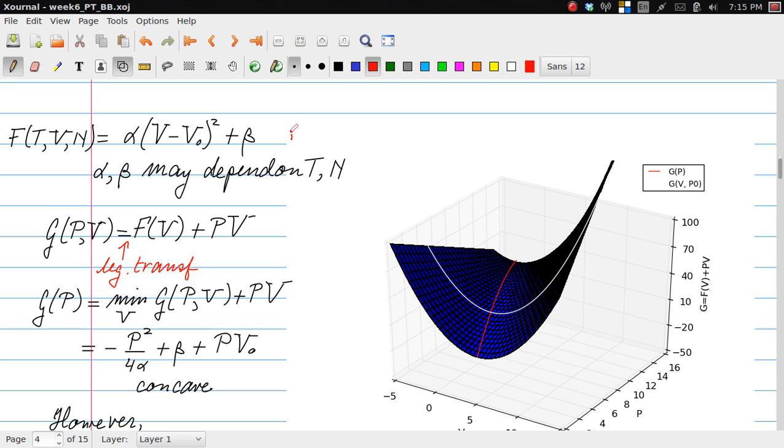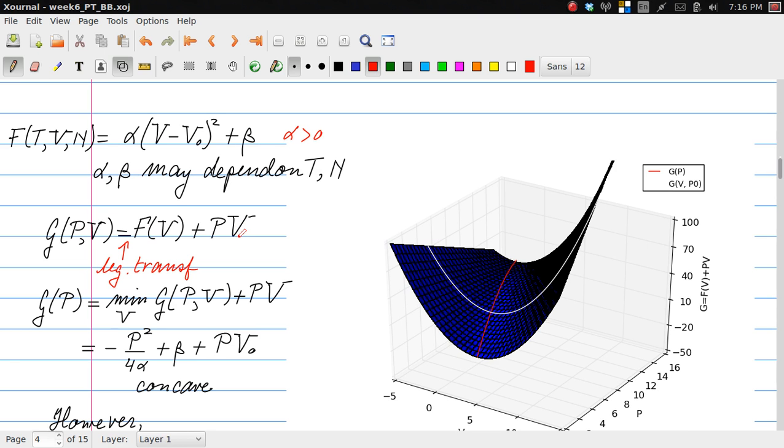Alpha is positive, so it has indeed a minimum as a function of V. And alpha and beta may depend on T and N, but from now on we will not mention T and N because they will always be fixed. And the Gibbs free energy G is then defined as a function of P and V first, and then we have that it is equal to F plus PV.